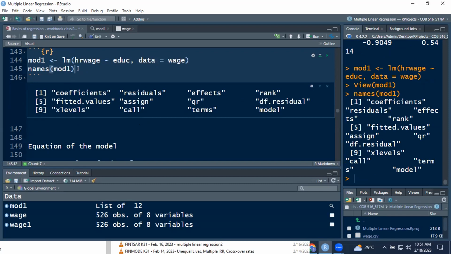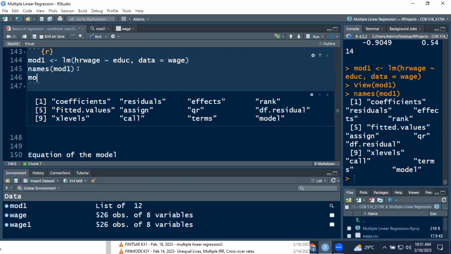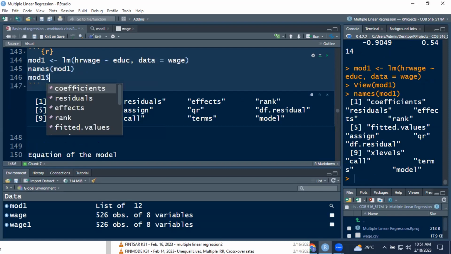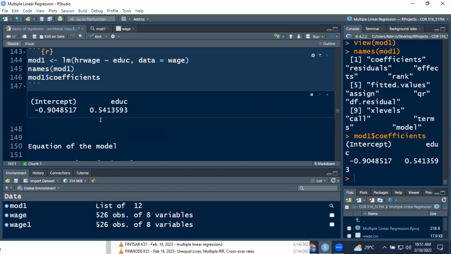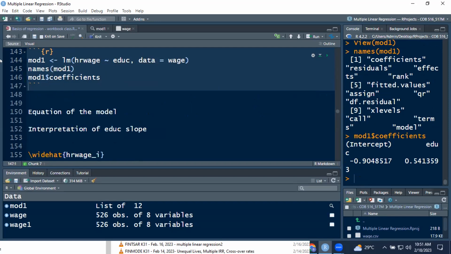And we can, for example, mod 1, dollar sign, lalabas yung mga laman ni mod 1. If I want to access the coefficient, tab ko lang siya, mod 1 coefficient, control enter, it will generate the coefficients. Okay, so many things that we can do about this model.